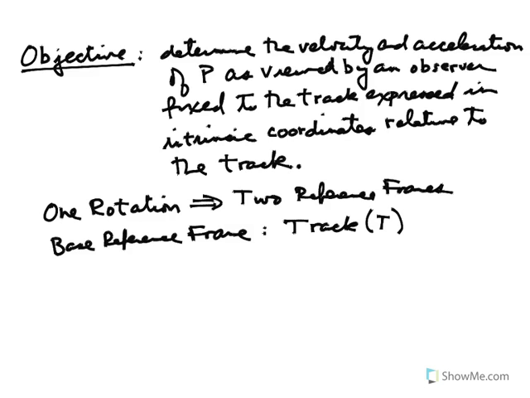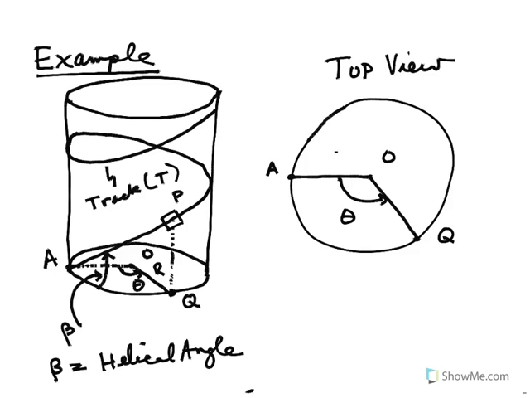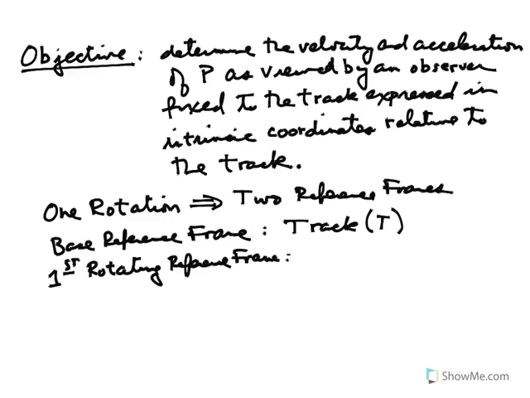The first rotating reference frame is the plane, so we have to look at this carefully. It's the plane formed by the direction OQ and OA crossed with OQ.